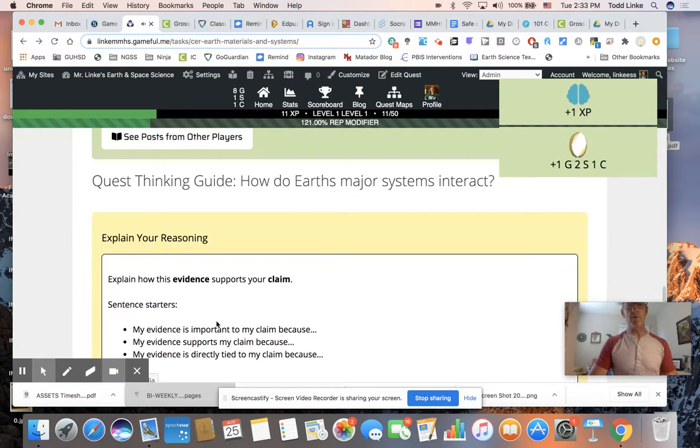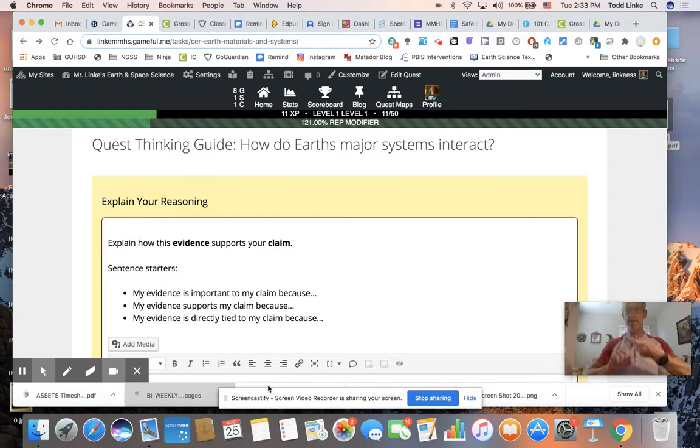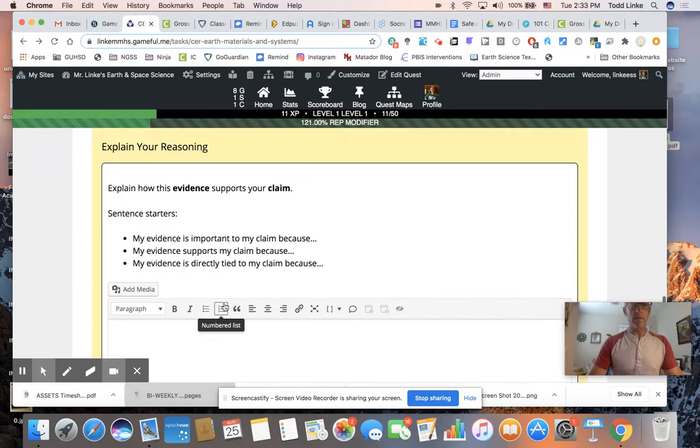Next one is your reasoning. How does the evidence support my claim? So now I've got to tie together the evidence that I just typed about Lake Mead with my original claim that all the systems interact with one another constantly in a cycle. All right, which one of these sentence starters do I want? I like that middle one.